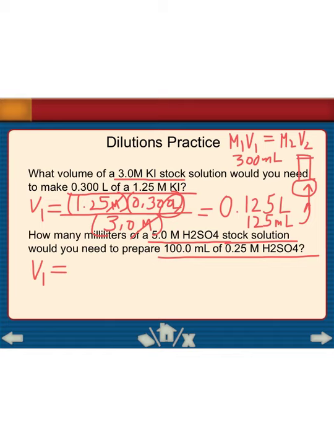And we have V1 equal to 0.25 molar. We need 100 mL, so we could put it into liters, or you could leave this in milliliters in this case, because the units would cancel. We actually want milliliters, so we could use it in milliliters.